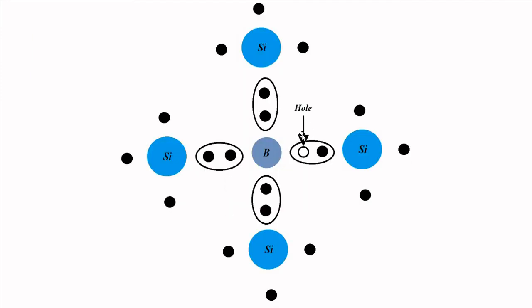So this vacancy is called a hole. Actually, a hole is a hypothetical concept. This spot is filled almost instantly by a surrounding electron, and from where the electron comes, another vacancy is created. Like that it keeps on continuing.